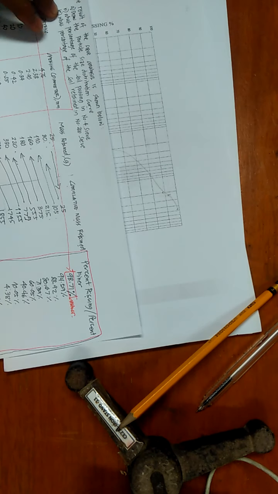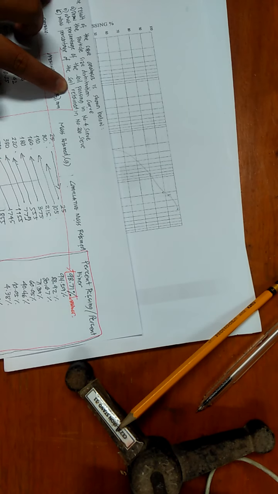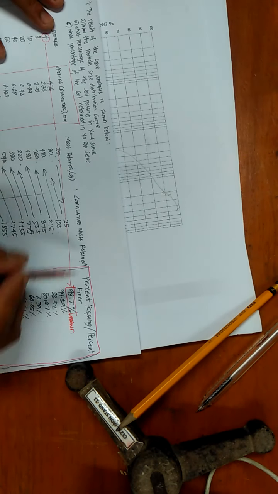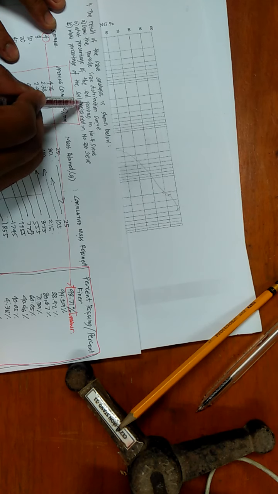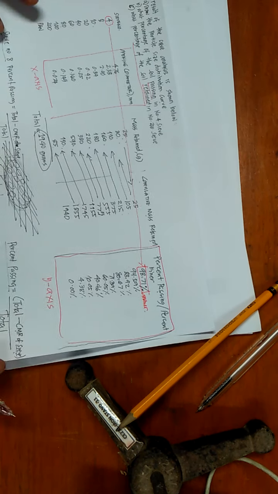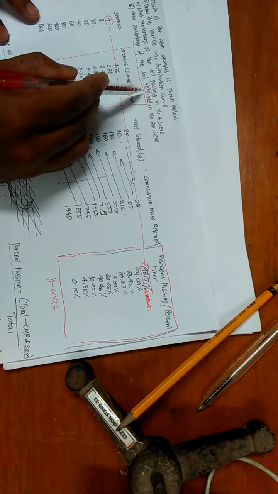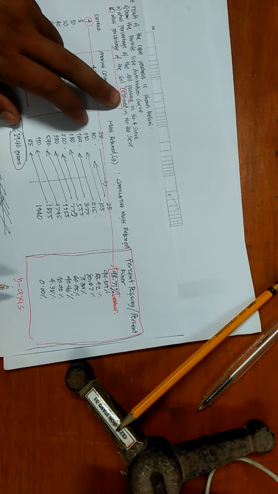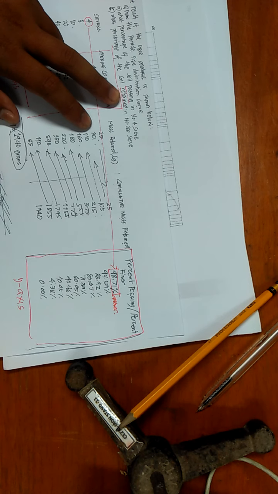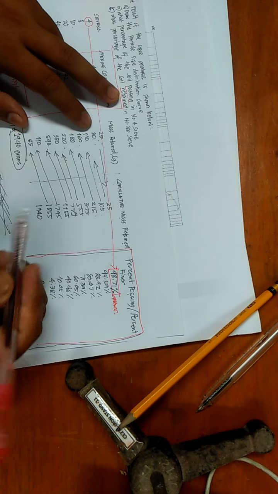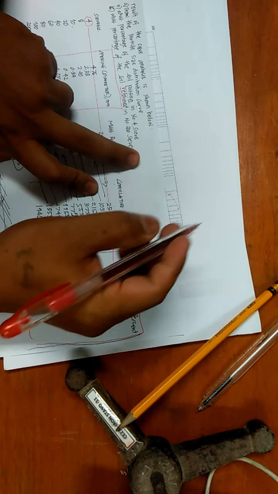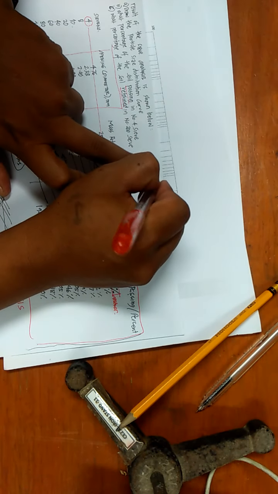And for letter C, what percentage of the soil retained in number 200 sieve? Okay, retained siya, hindi siya passing. So, how to solve the percentage of the soil retained in number 200? To solve the percentage retained for your sieve number 200, this one would be your solution.